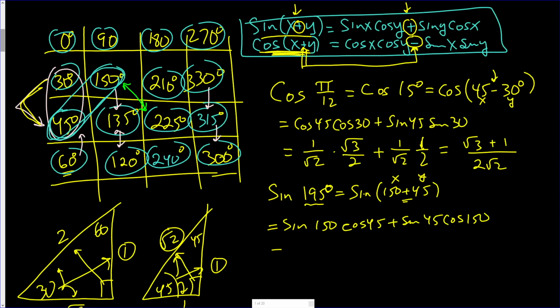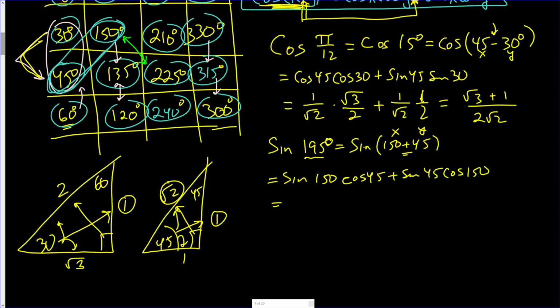Okay, well, let us find the cosine of 45 degrees. The cosine of 45 degrees, using this angle, is adjacent over hypotenuse. It's 1 over the square root of 2. The sine of 45 degrees, same thing: opposite over hypotenuse, 1 over square root of 2.